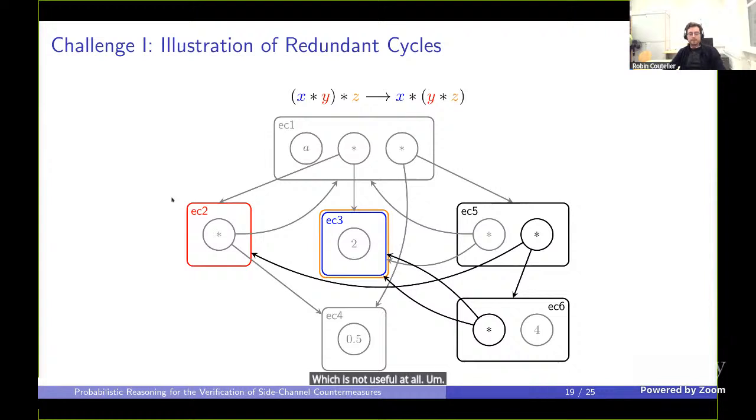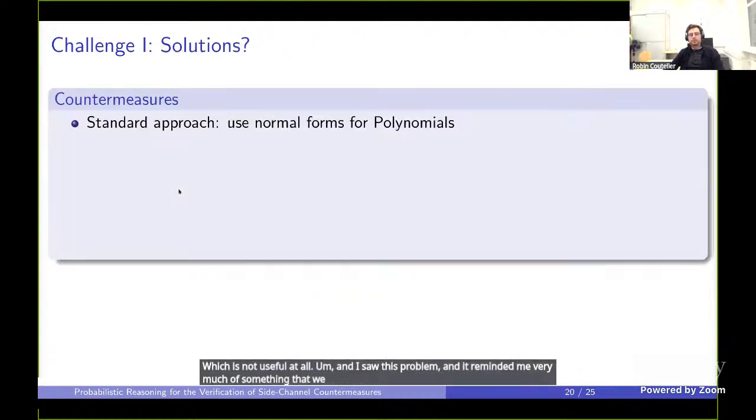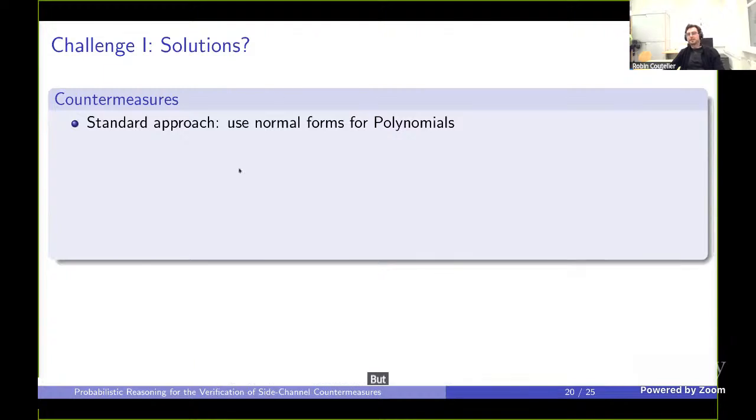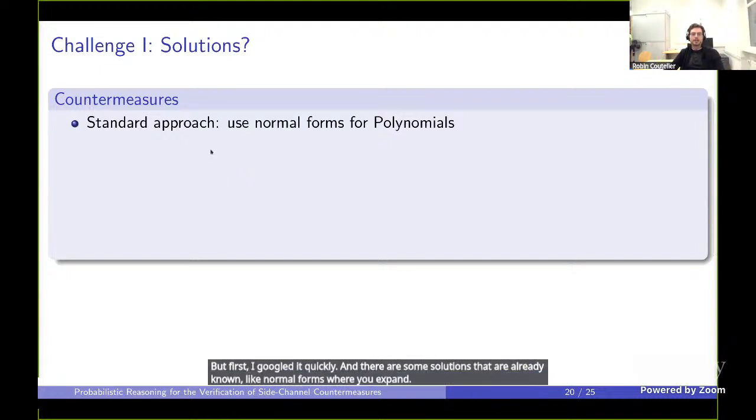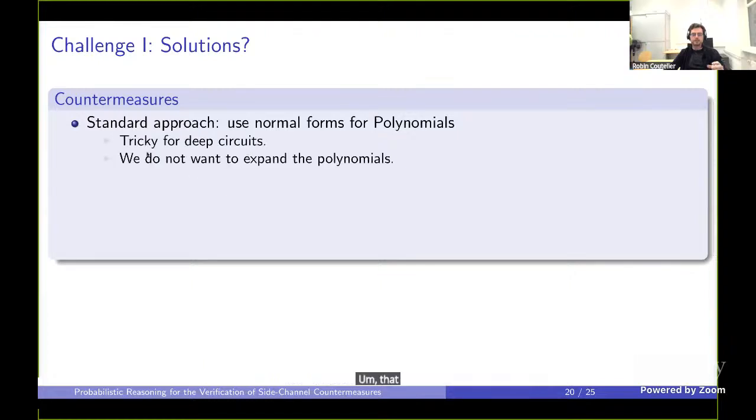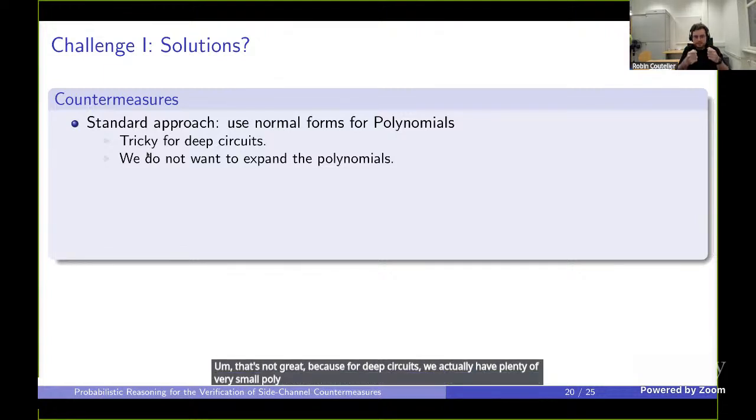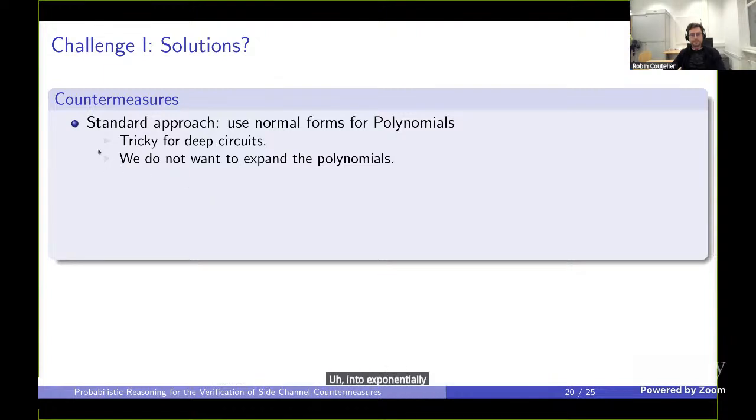And I saw this problem, and it reminded me very much of something that we also have in first order theorem proving. But first, I Googled it quickly, and there are some solutions that I already know, like normal forms where you expand. That's not great because for deep circuits, we actually have plenty of very small polynomials that we would like to be solved locally, and we don't want to expand into exponentially many terms.